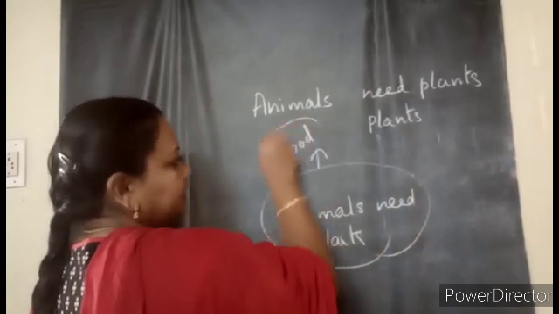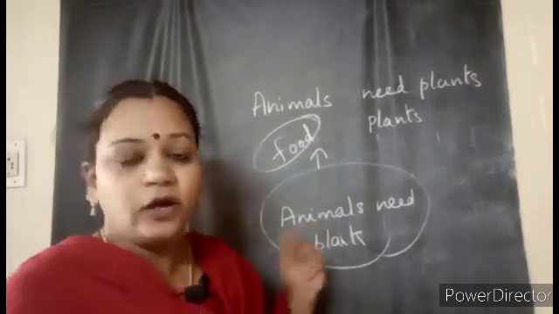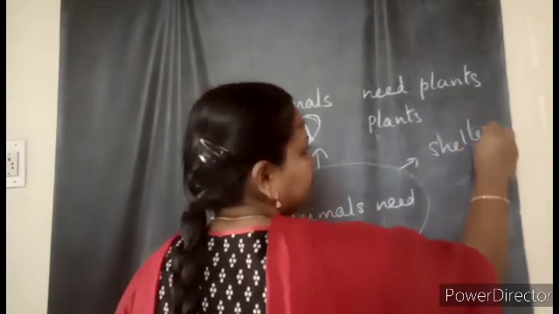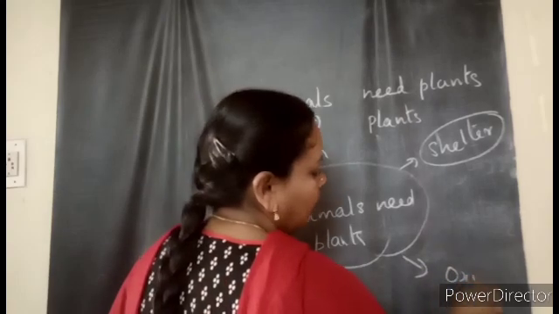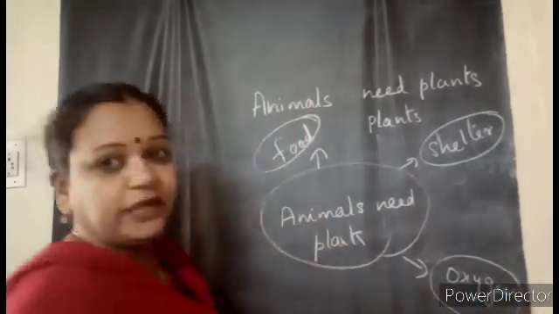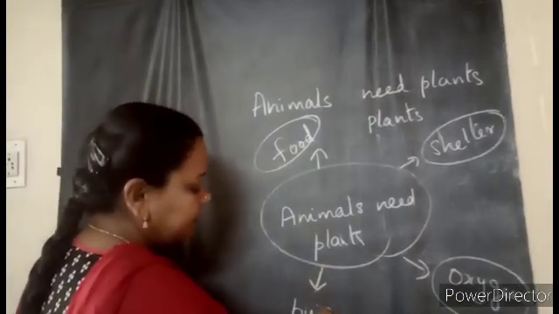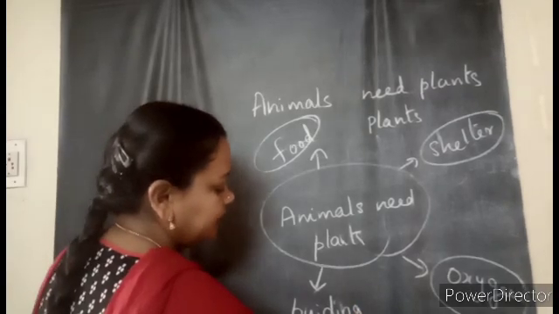They depend on plants for their food, and also for their shelter, and also for the oxygen to breathe. They need oxygen for breathing, which they get from the plants, and also they get building materials like twigs and dry leaves.